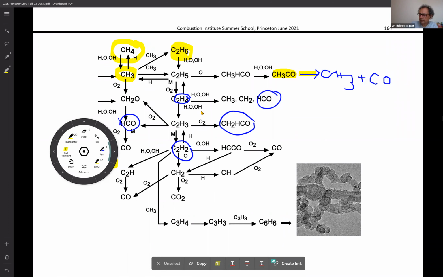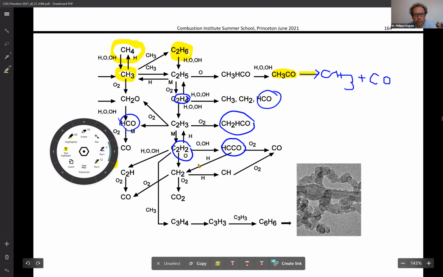It is also a very important species, and we will see that later, because it produces ketenyl radical HCCO, which can contribute to the reduction of NO. If you remember what I showed previously on NO interaction with hydrocarbons to transform NO into molecular nitrogen, these radicals are very important.